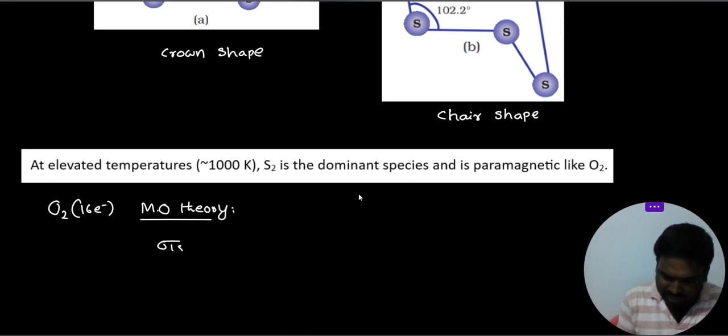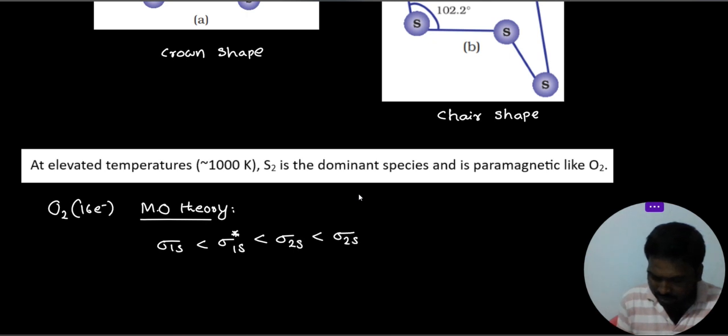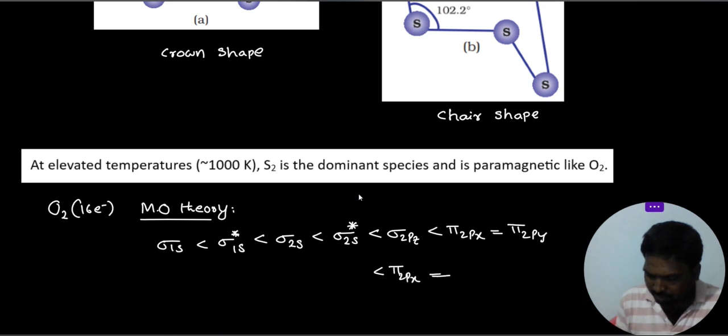16 electrons means sigma 1s, sigma star 1s, sigma 2s, sigma star 2s, sigma 2pz, pi 2px equal to pi 2py, pi star 2px equal to pi star 2py, and sigma star 2pz.